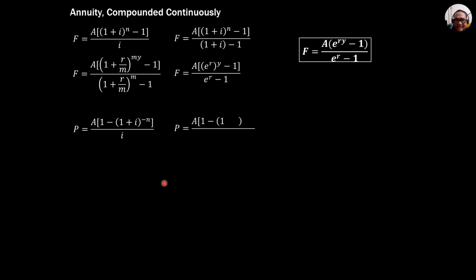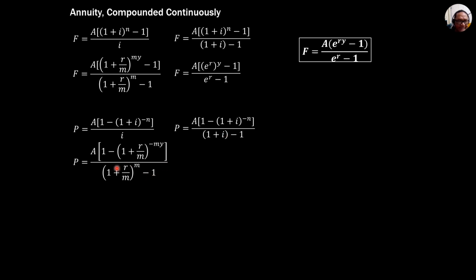So P is A times 1 minus (1 plus i) to the negative n over (1 plus i) minus 1, and the result would be the same. From the results here, we simply replace this by 1 plus r over m raised to negative my, and this one raised to the power m, minus 1.